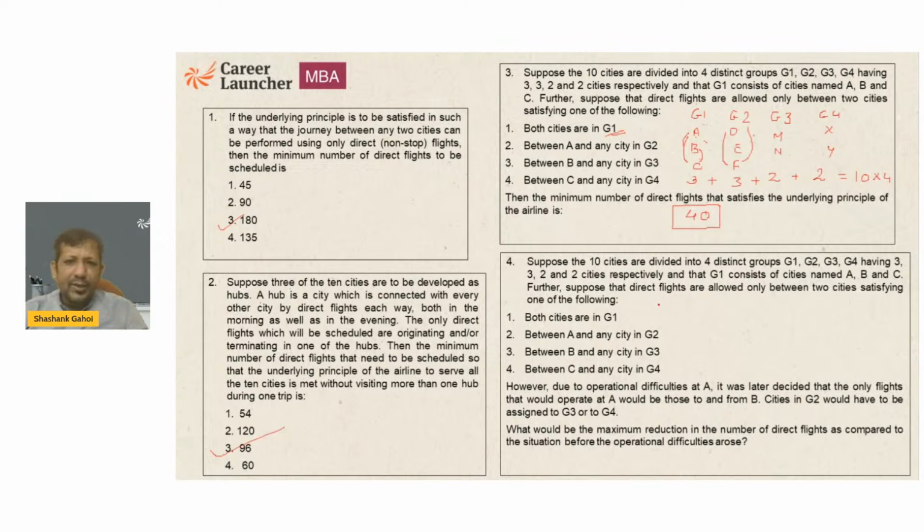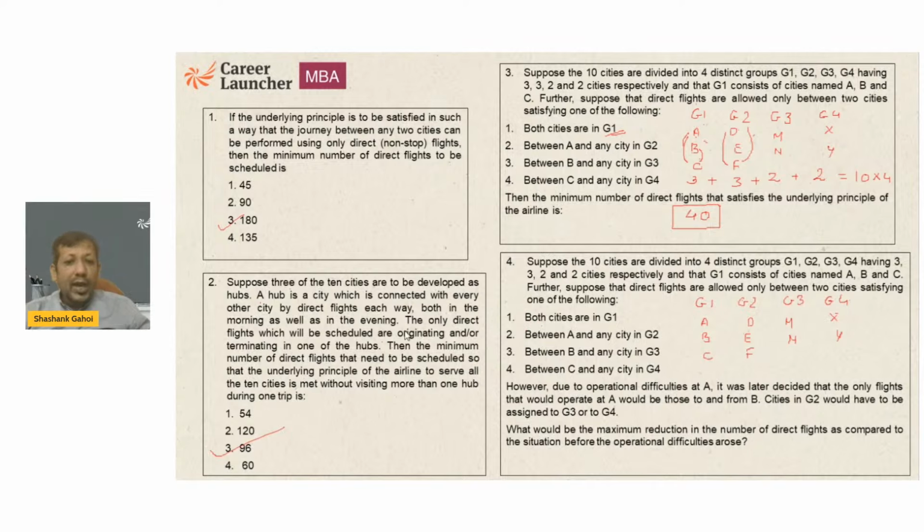Again, the same thing. There are 10 cities. So G1, G2, G3, and G4. So again, if you face any doubt in any of the questions, you can ask. A, B, C, D, E, F, M, N, and X, Y. This is what I have. Now, both cities in G1, so that's the previous arrangement.